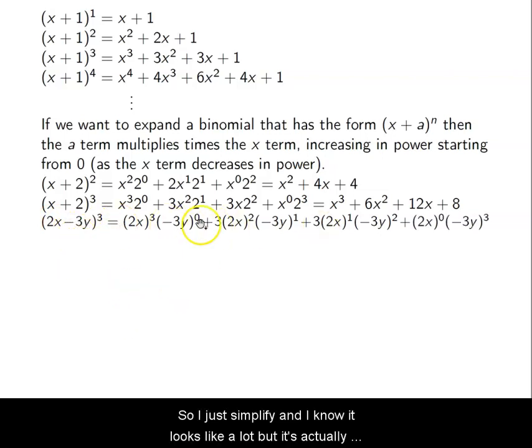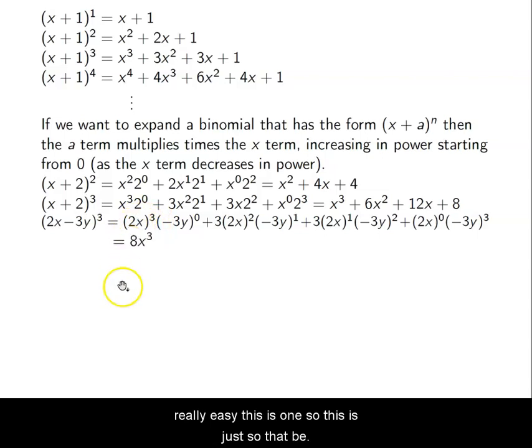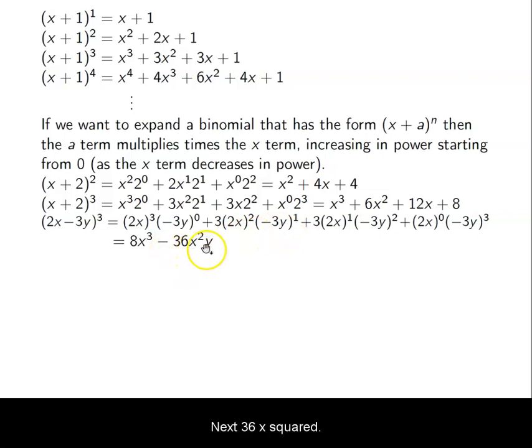So I just simplify it. I know it looks like a lot, but it's actually really easy. This is 1, so this is just (2x) cubed, so that'll be 8x cubed. This is 2 times 2 is 4, and then 3 times negative 3. So negative 36x squared y.